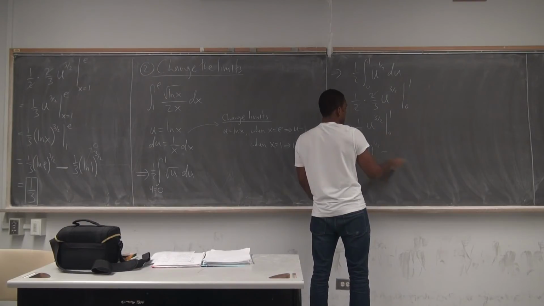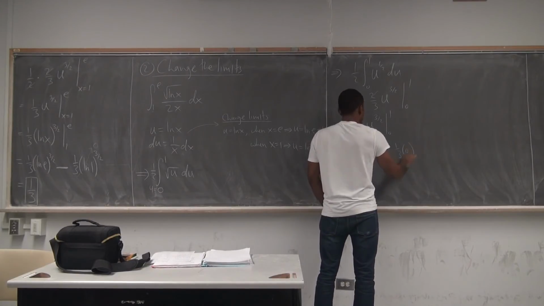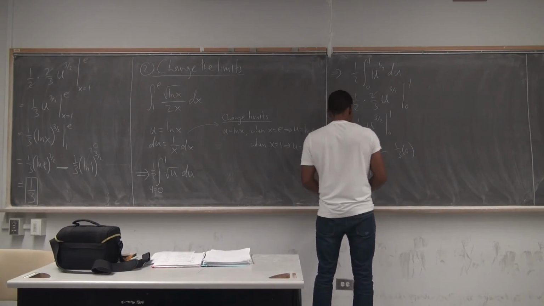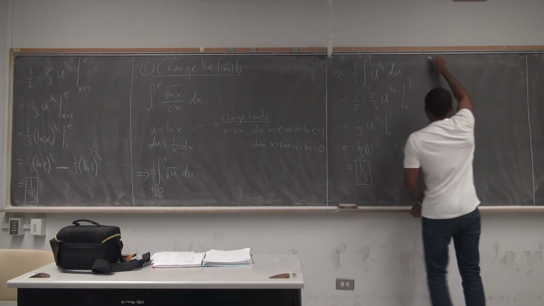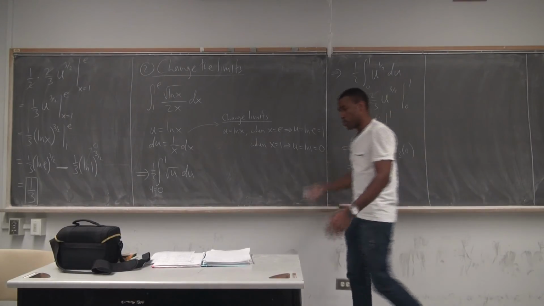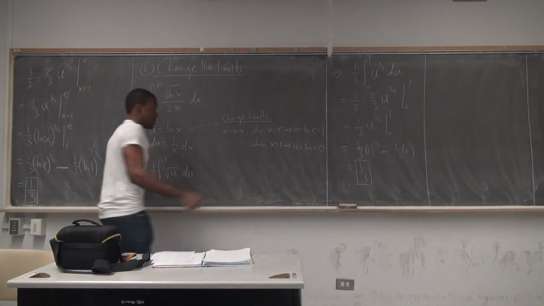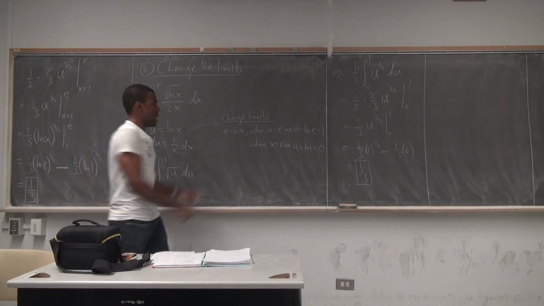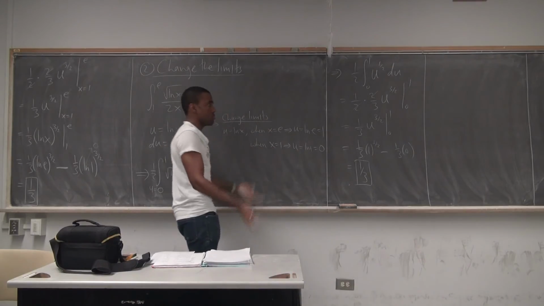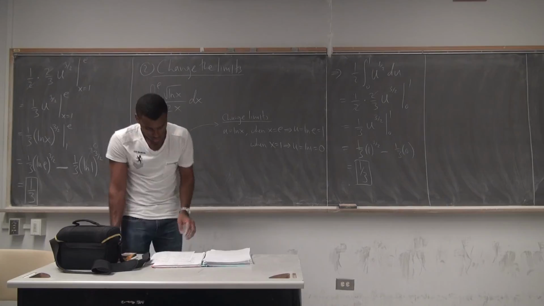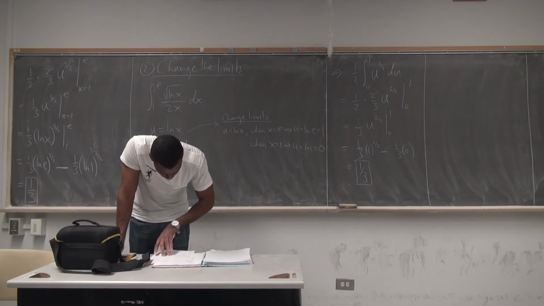Minus, plug 0 into here. Pretty much a matter of personal preference if you want to change the limits or not, but I probably wouldn't worry about it. I don't think going through this is worth the extra effort you would need. But you can if you'd like to.